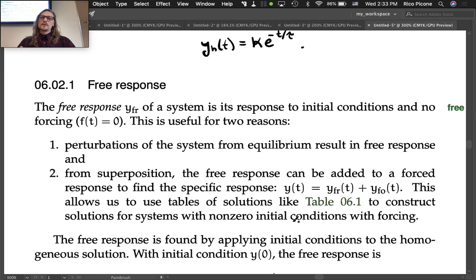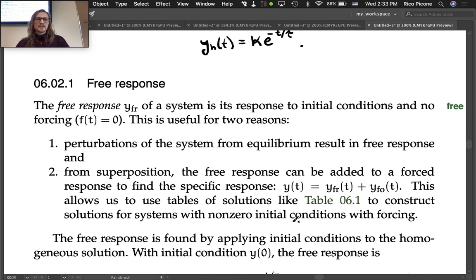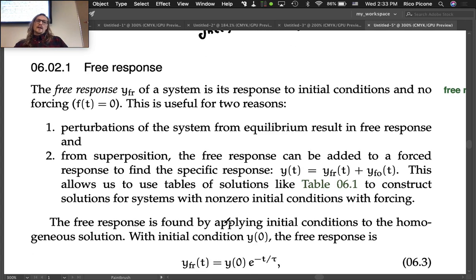This is useful for two reasons. First, it models perturbations of the system from equilibrium. If you start at an equilibrium, perturb it, and let it go back to its equilibrium, then we'll see a free response. Also, from superposition, the free response can be added to a forced response to find the specific response.